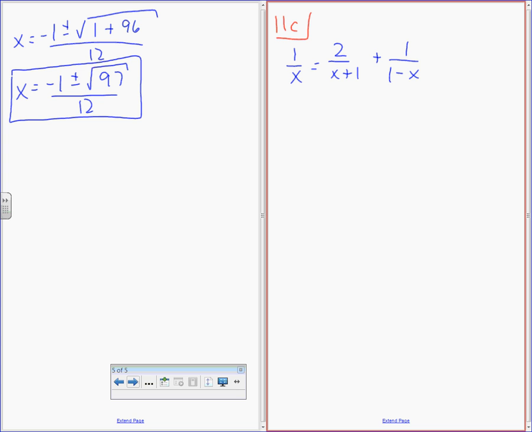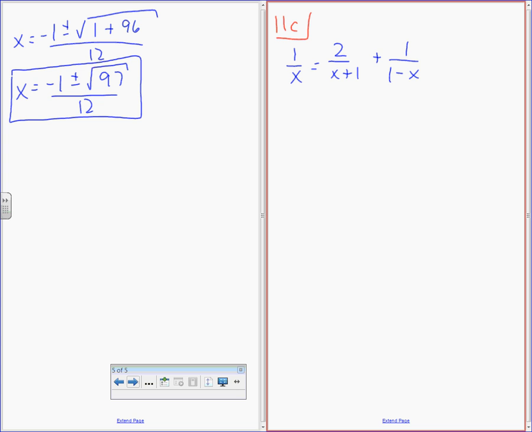I'm going to multiply everything by x first. What that's going to do is get rid of the x in the left-hand denominator. Then I'm going to multiply everything by x plus 1. That's going to get rid of the middle denominator. Then I'm going to multiply everything by 1 minus x. It's going to get rid of the right denominator. Then I should have a beautiful quadratic to solve, and it will finish up and life will be good.